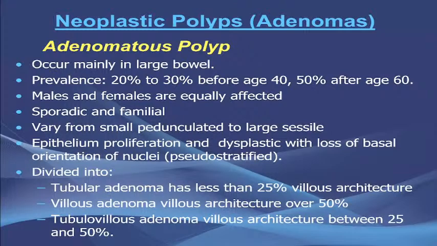Tubular adenomas have less than 25% villous architecture. The villous adenomas have more than 50% villous architecture or long finger-like projections. And the mixed type, the tubulovillous adenomas, have about 25% to 50% villous architecture.